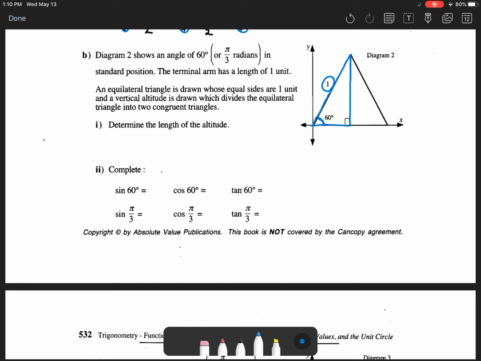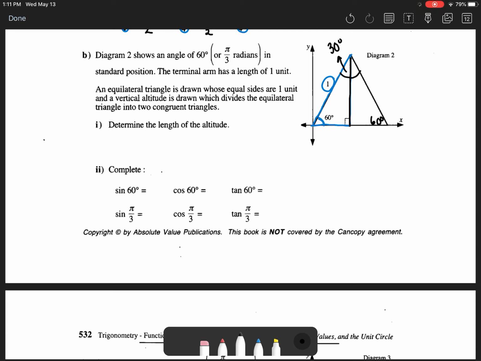I have this time an equilateral triangle. Well, in an equilateral triangle, each of the angles is 60 degrees, right? So that would be 60 degrees there. This would be 60 over here. And then this whole angle at the top, from here to here, would be 60 degrees, okay? But when I draw that perpendicular line down the middle, it bisects that angle, which means this angle here will therefore be 30 degrees. Okay, so that's what we're talking about.